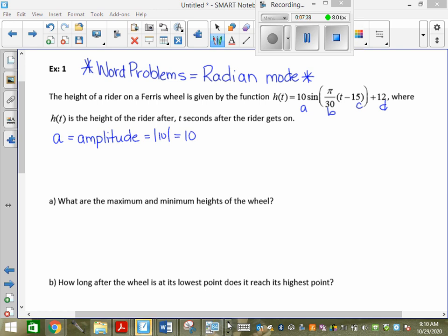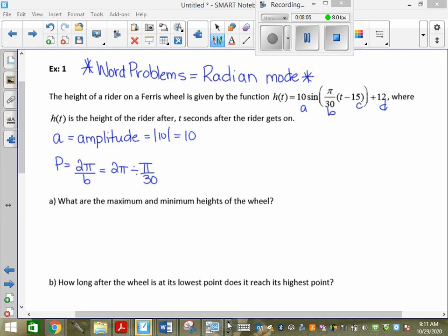Okay, what does the b give me? The period. So period equals 2 pi divided by b, never 360, because it's a word problem and they have to be in radian mode. So it's going to be 2 pi divided by pi over 30. Why did I write these sideways? Because I would end up having a fraction in my denominator or a fraction in my numerator.